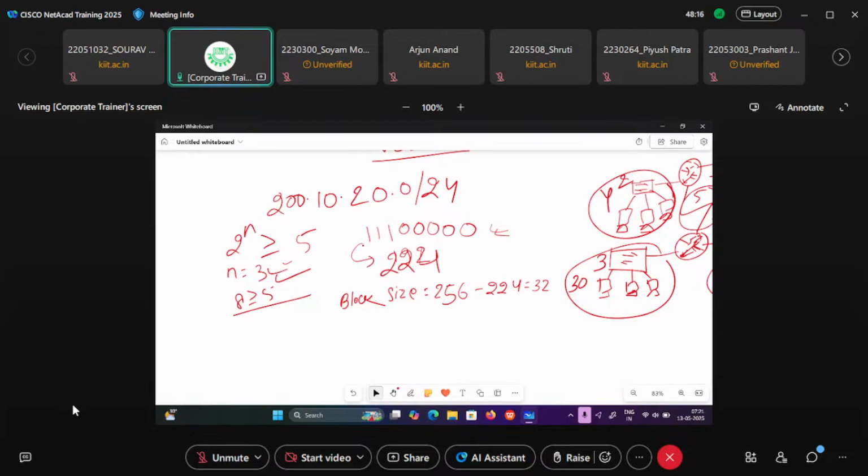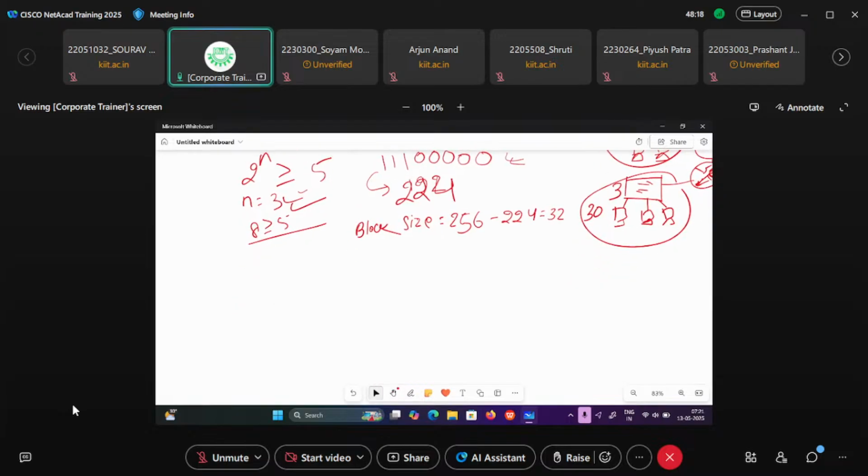So here 32 is your block size, which will be added to each and every section of your last octet, right? Suppose you're calculating the first subnet, subnet 0: 200.10.20.0/27, that is my subnet 0.